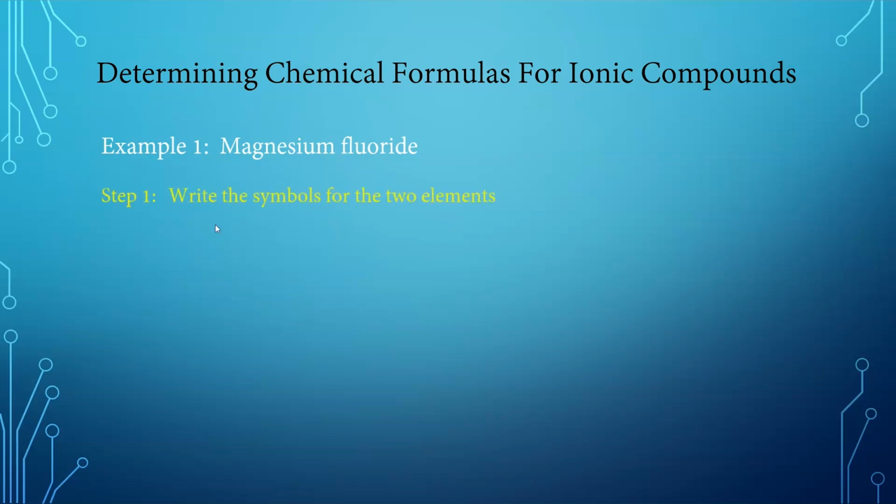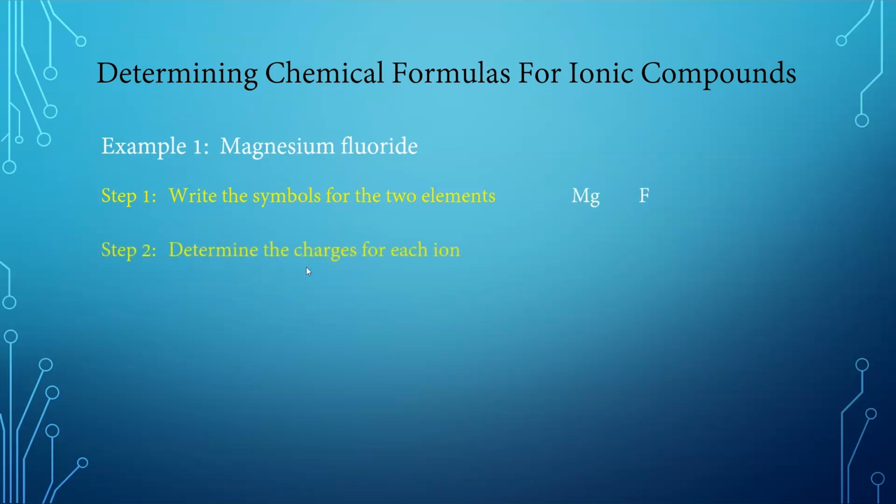The first step is to simply figure out what the symbols are for the two elements. Make sure you look in the objectives in our course packet, because there's a list of about 31 elements that you guys need to learn. And so be sure you work on that before we get to the next quiz and exam. In this case, our symbols are Mg and F for magnesium and fluorine.